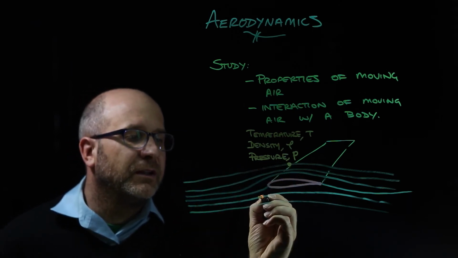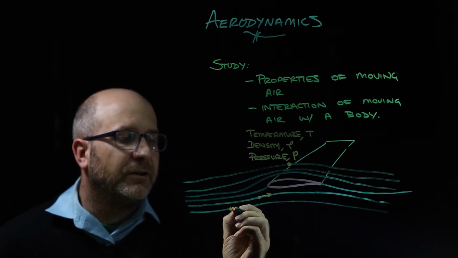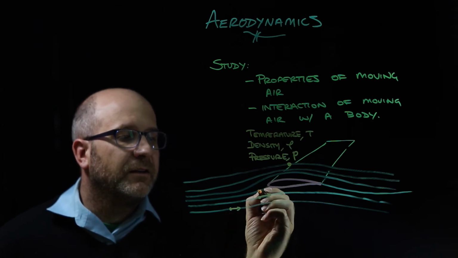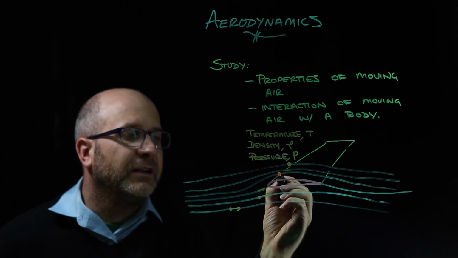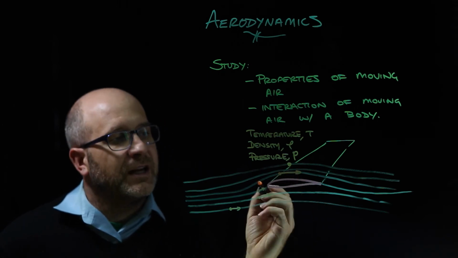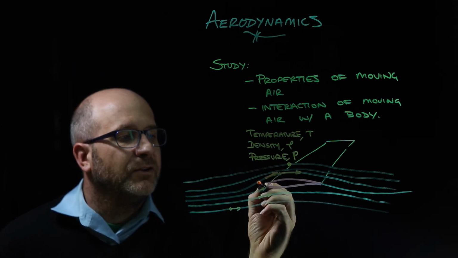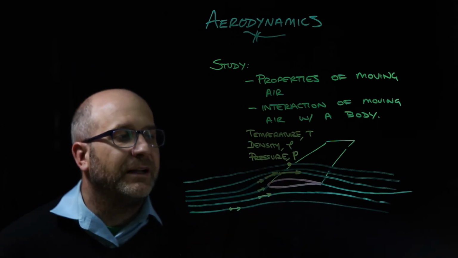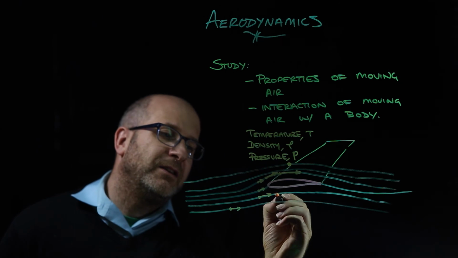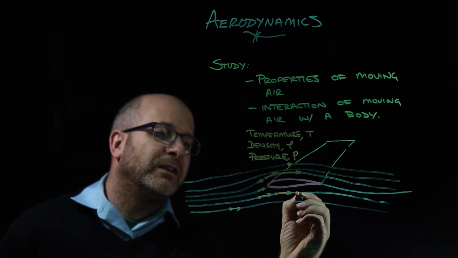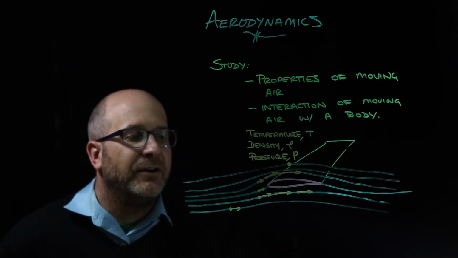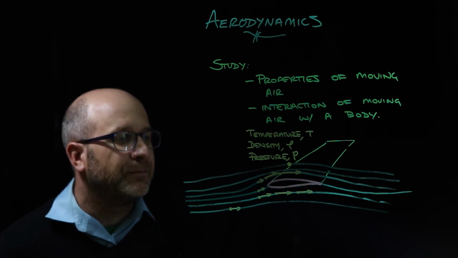So I'm going to put little vectors here into my flow, indicating what the velocities might look like. In certain locations I might have faster velocities or larger magnitudes, and in other locations smaller magnitudes. These are important quantities to the aerodynamicist because they help understand how that flow field is behaving.